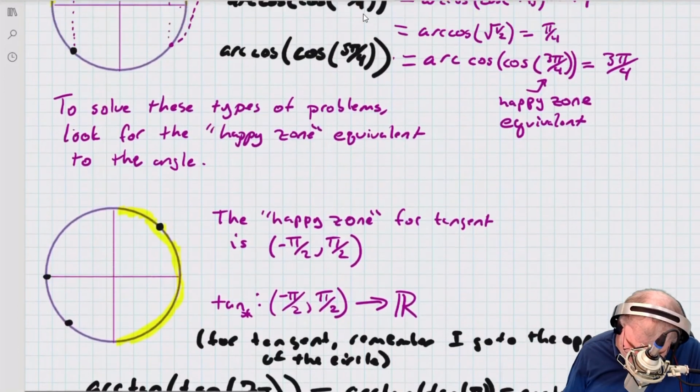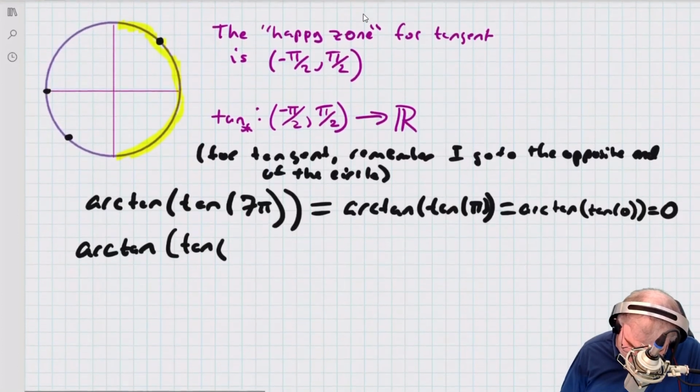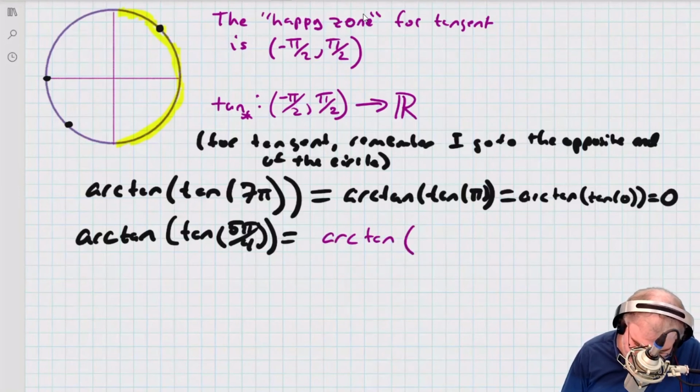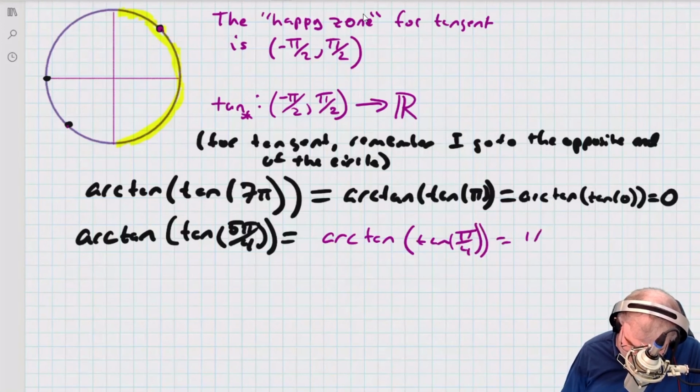Did I already say 5 pi over 4? Equals arctan of, now the opposite end of the circle is that point there, so that's the tan of pi over 4, which equals pi over 4.